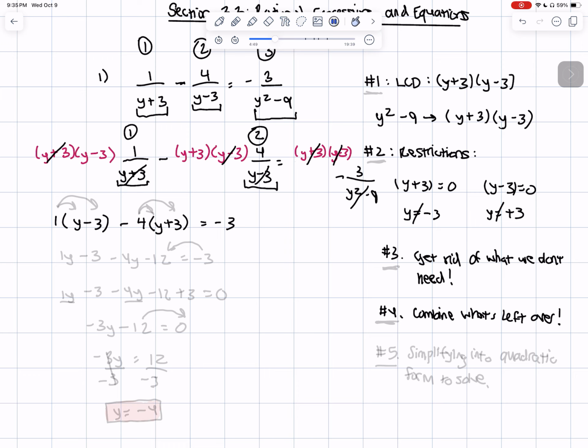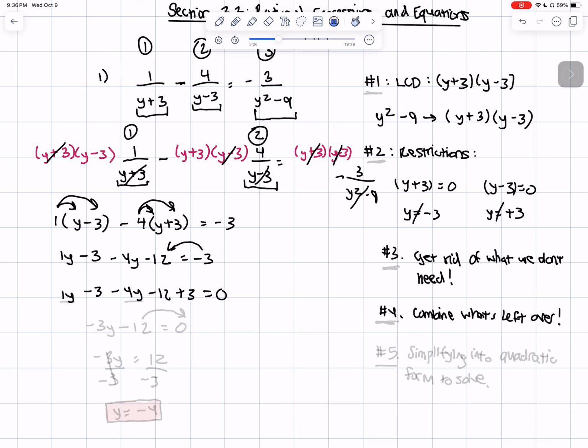I can distribute both of these. So I get 1y minus 3 minus 4y, and then negative 4 times 3 gives me minus 12, equals negative 3. Still not done yet. I want to move this 3 to the other side, so now we're equal to 0.